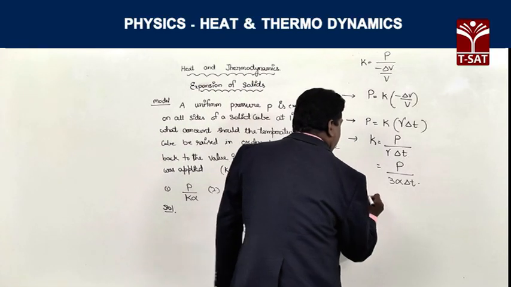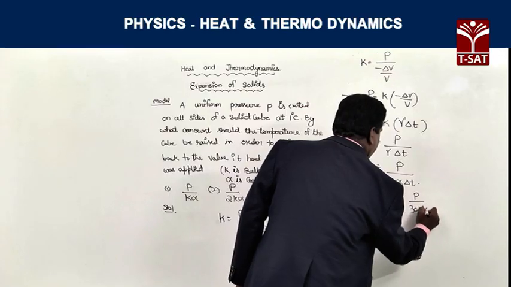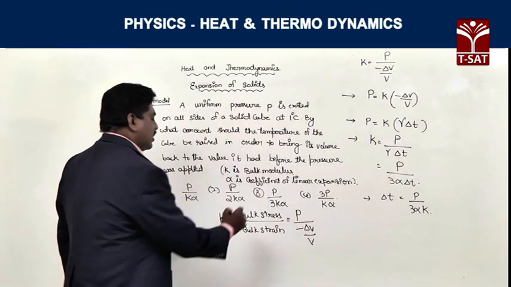Therefore, delta T can be given as P by 3 alpha K, which is our third option.